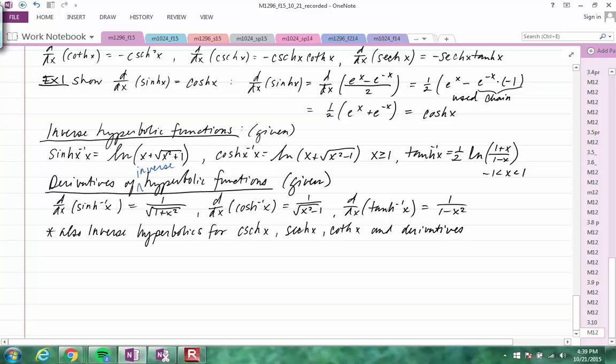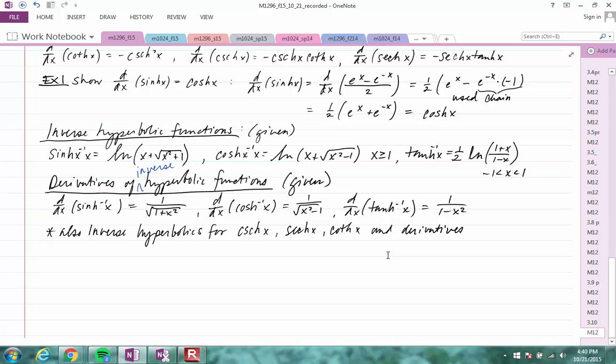Inverse hyperbolic functions. So I would give those to you, and expect you to apply them. Notice the similarities with the inverse trig functions, which is sort of why they have these names. But again, similar properties, similar derivatives to the trig functions, but they are not trigonometric functions. Little subtle difference there, but important.